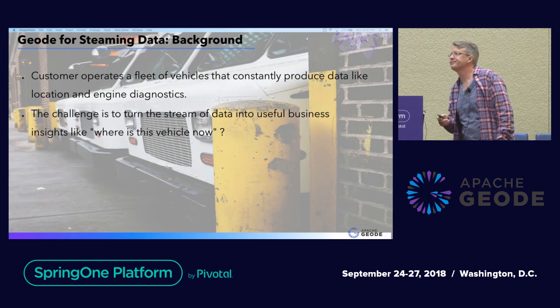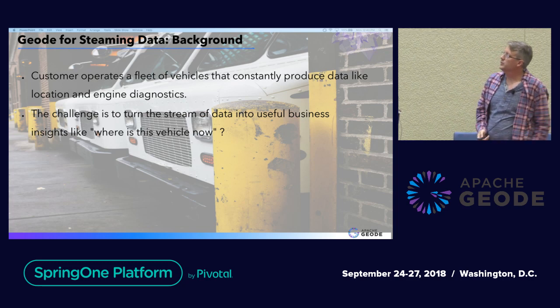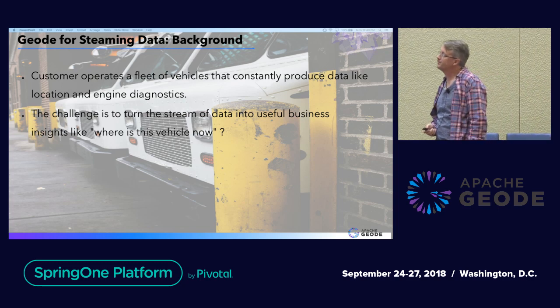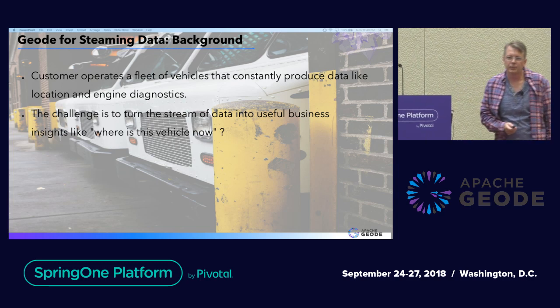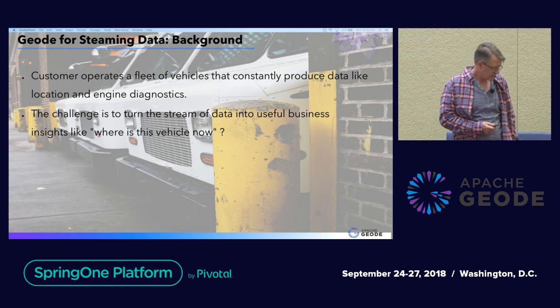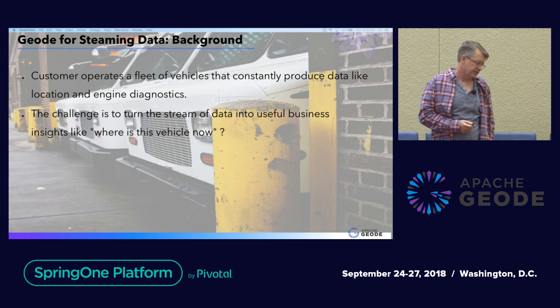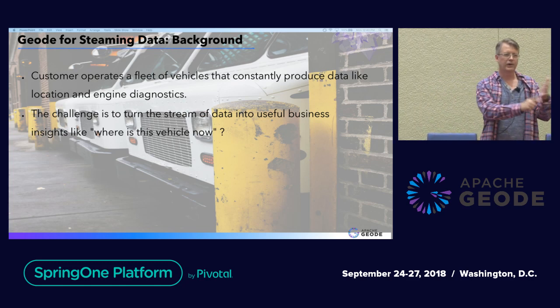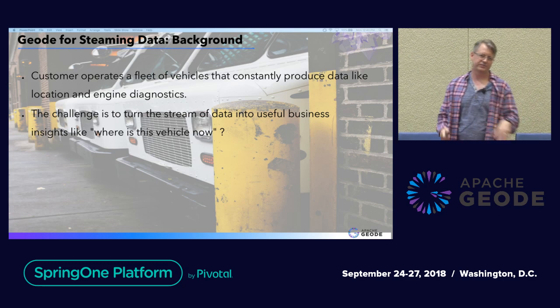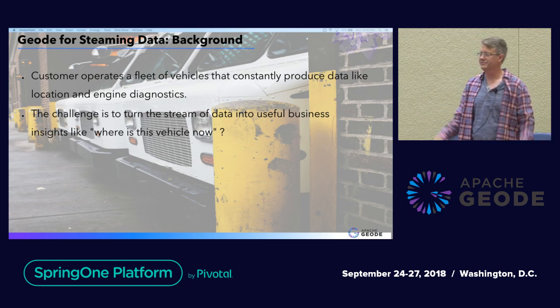Okay, last one. Geode for streaming data. So this customer operates a fleet of trucks, and the trucks are constantly producing telemetry, like where am I, engine codes, a bunch of stuff.